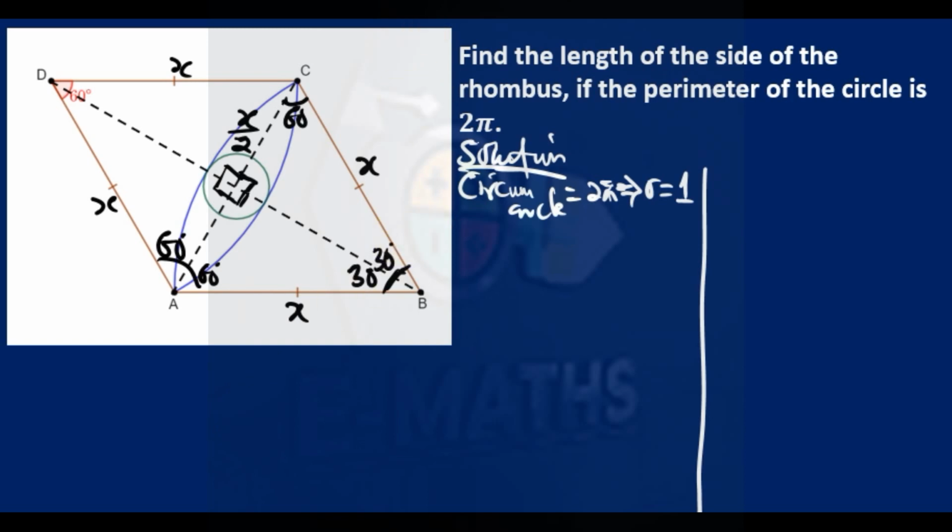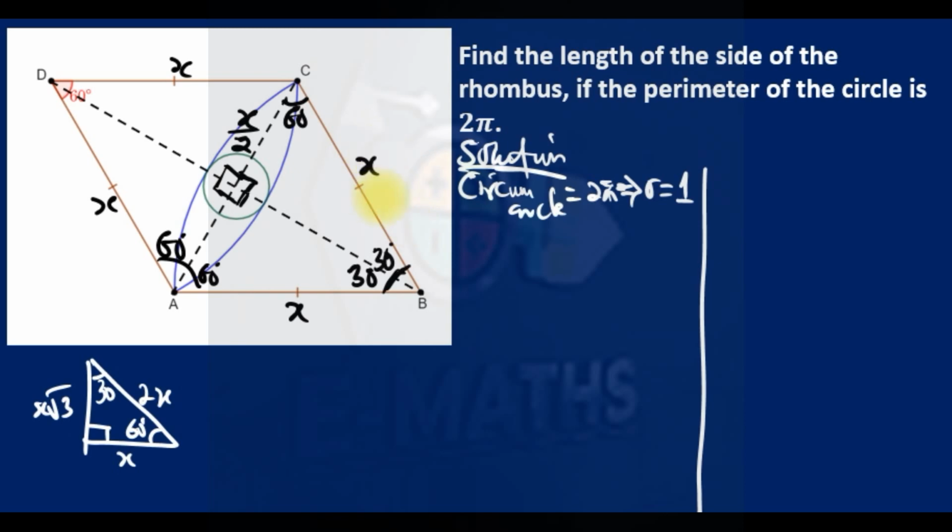Maybe let me just explain down here that if you have a triangle, if here is 30, here is 60, and the one opposite 30 degrees is x, the one opposite 60 will be x times root 3, while the one opposite 90 will be 2x.